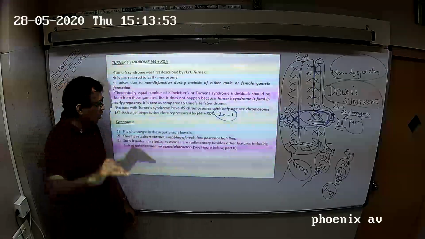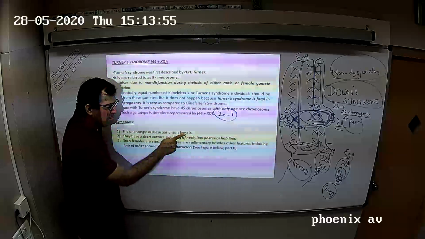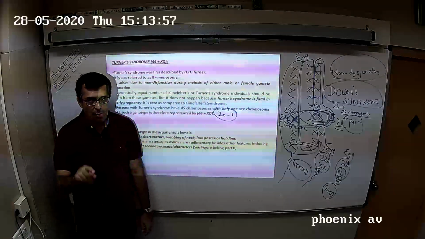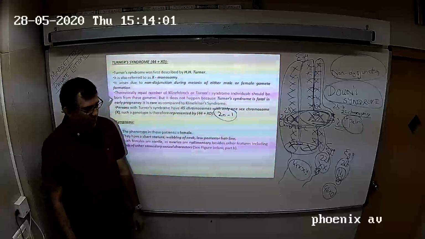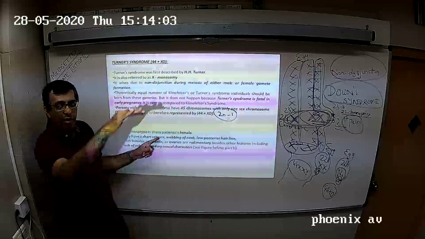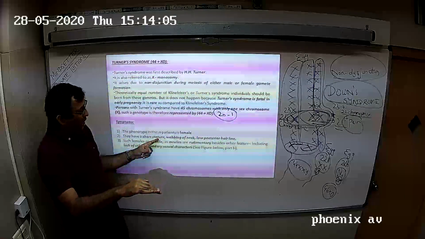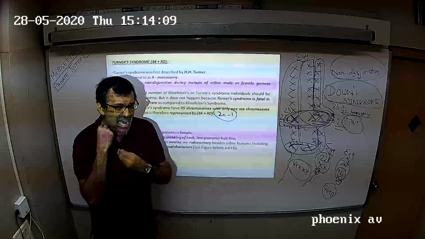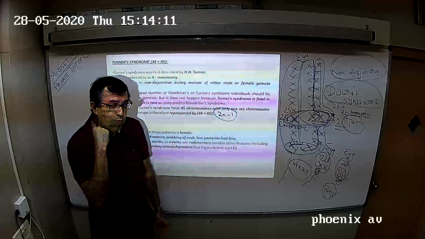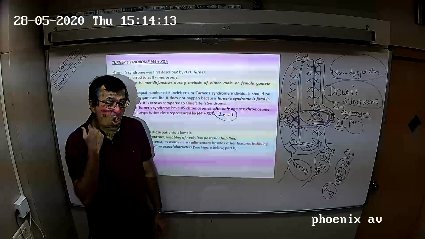This child will grow. The phenotype in the person is female, right? XO, so there is an X chromosome, so a female will develop. This female will have a short stature. Her height will be less. There is webbing of the neck. Folds appear in the neck, which is called webbing.